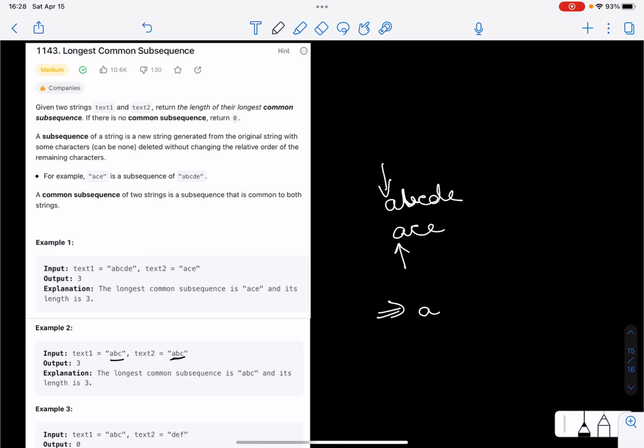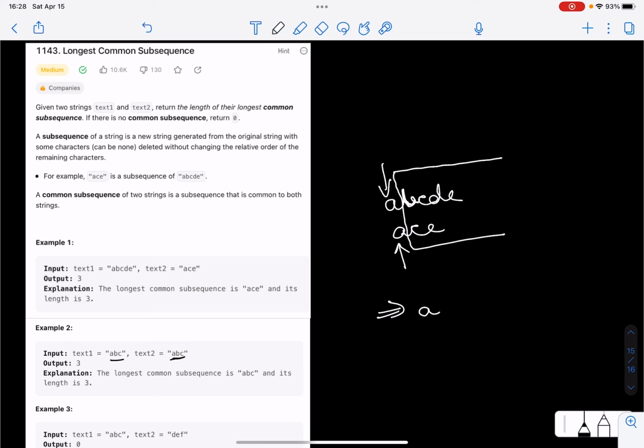Once we have finalized that, we need to find the common subsequence in the rest of the string. So A, which is the same in both the strings, is common, and it is a part of our longest common subsequence. We definitely consider A because we are looking for the longest. So we will include all the common characters. So we have A and A, which is common. So we take A.